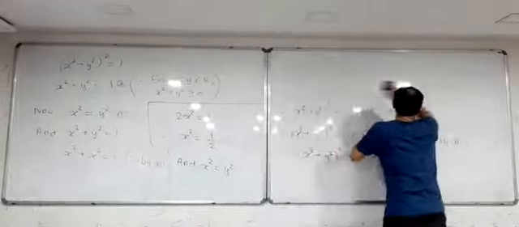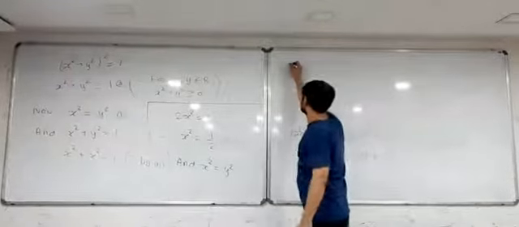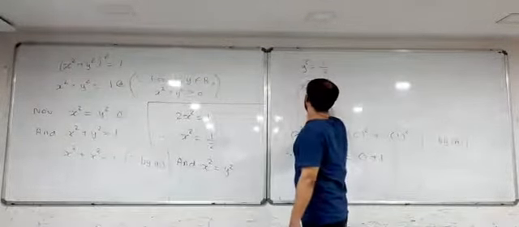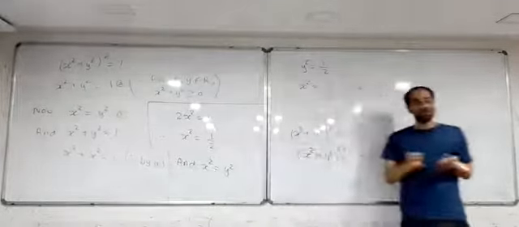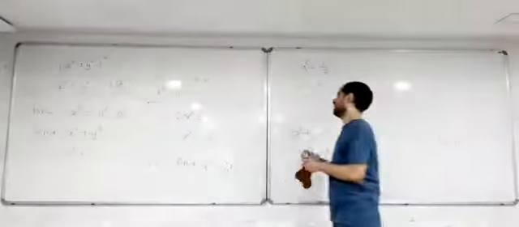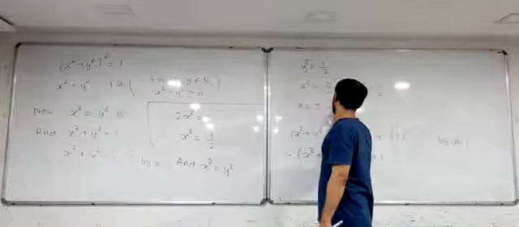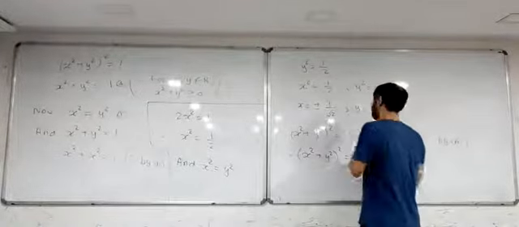So x is plus minus 1 upon root 2, y is also plus minus 1 upon root 2. So, based on the calculation which we did, the value of x will be plus minus 1 upon square root of 2, or y can be plus minus 1 upon square root of 2.